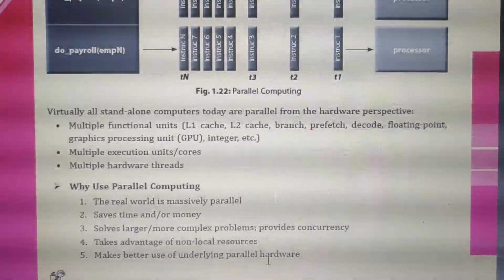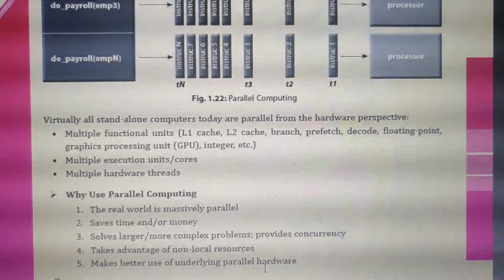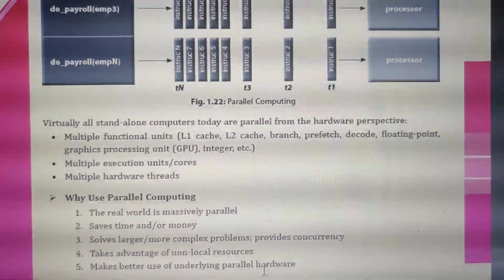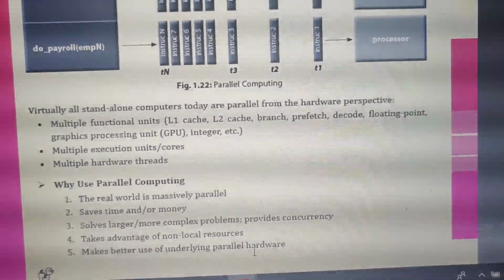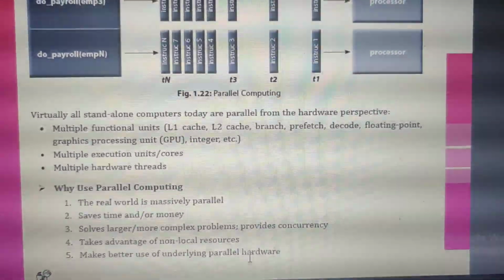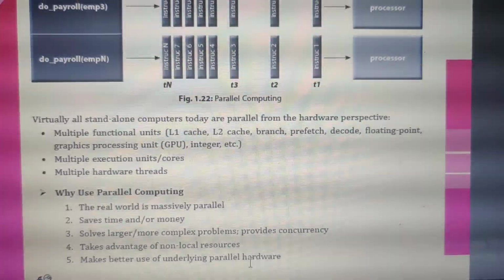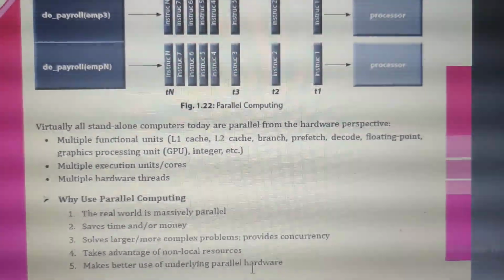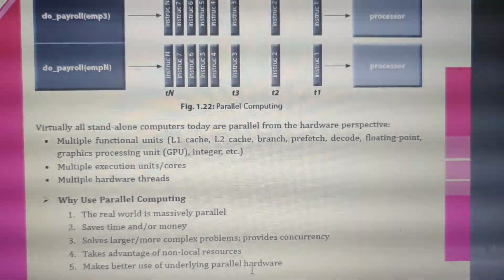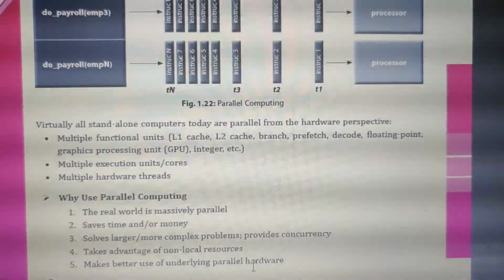Next, third is solves larger, more complex problems and provides concurrency. That means that we distribute this large problem and it will be solved simultaneously, and the complex problem also will be solved in that manner. By distributing it, it will be resolved. Next, take advantage of non-local resources.